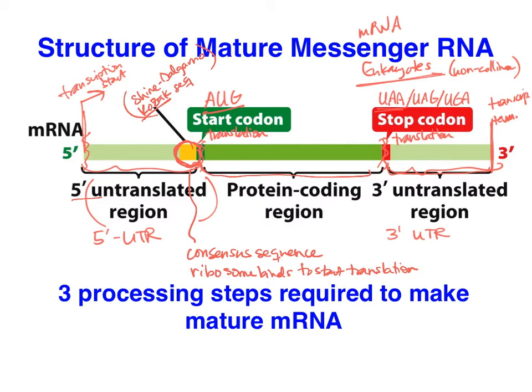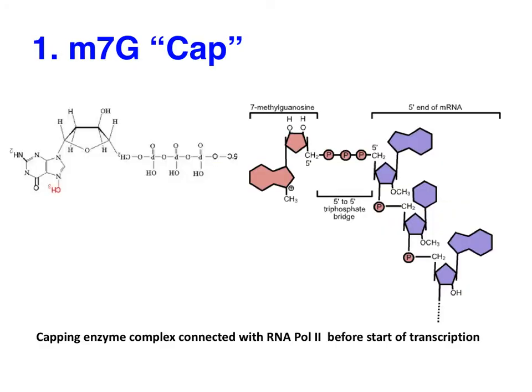Let's talk more about the 3 processing steps that occur to help us make this mature mRNA. The first step in processing the pre-mRNA is to add a cap to the 5' most end of the mRNA. So here is the last base of the mRNA, whatever it might be. But on the 5' end of that base, we're going to add this 7-methylguanine cap.